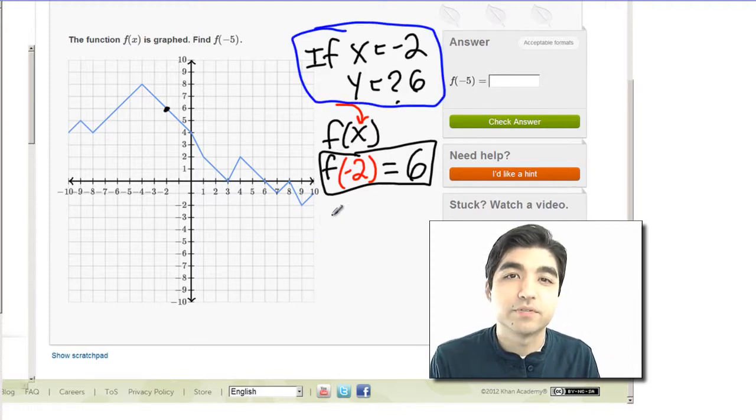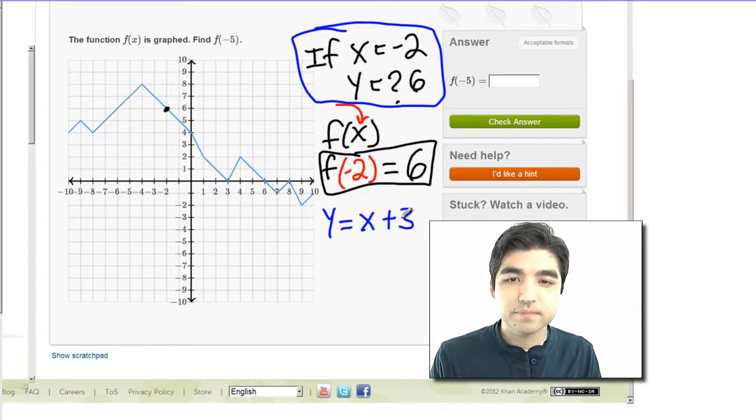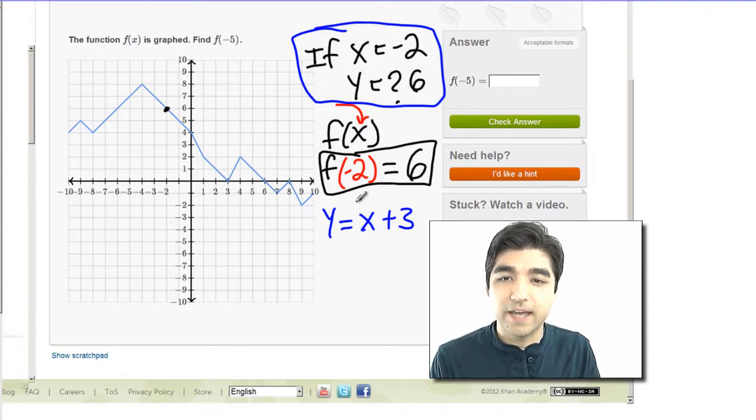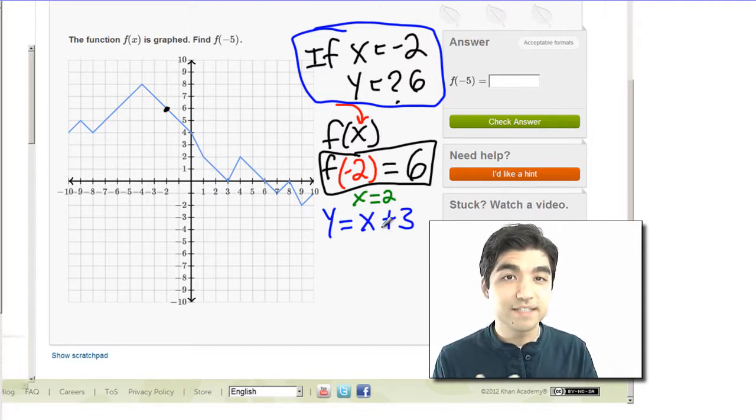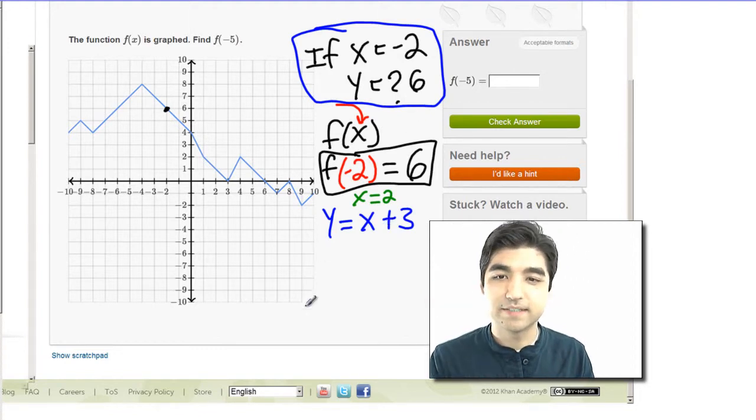It becomes really powerful whenever you have an equation like y equals x plus 3. Usually you would have to write something like x equals 2, and then you would know that anywhere I see an x, I'm going to put that 2 in place of it.